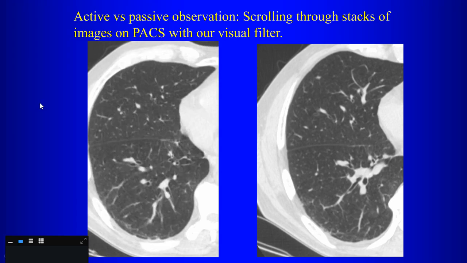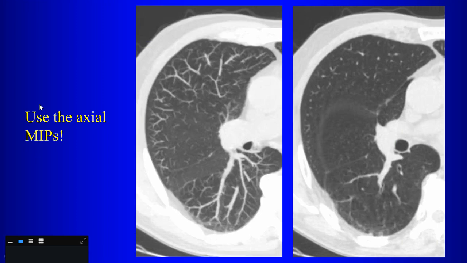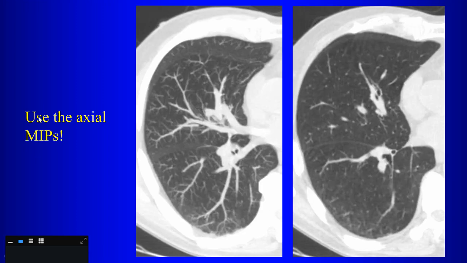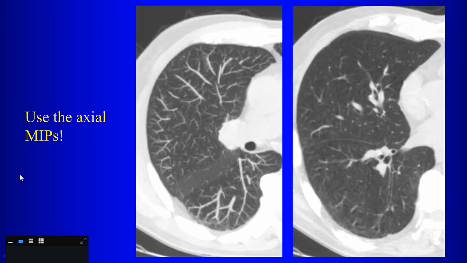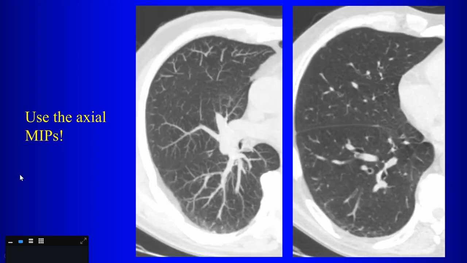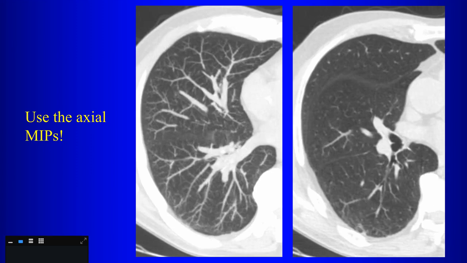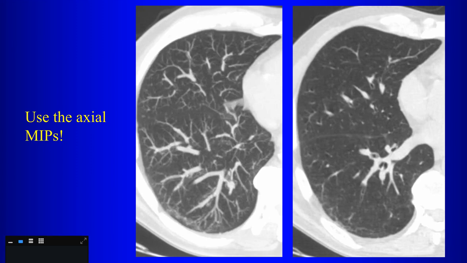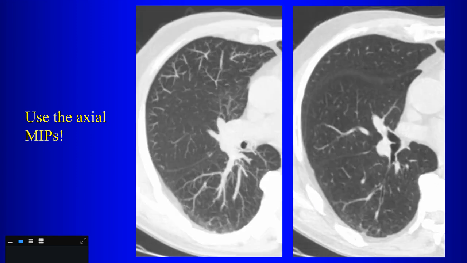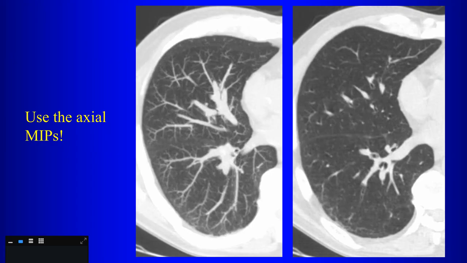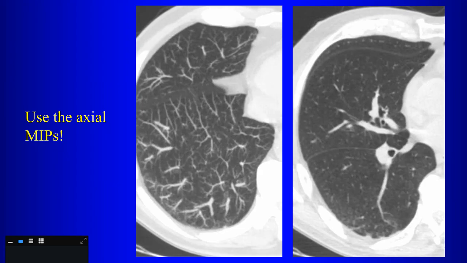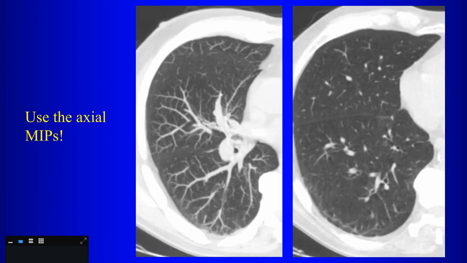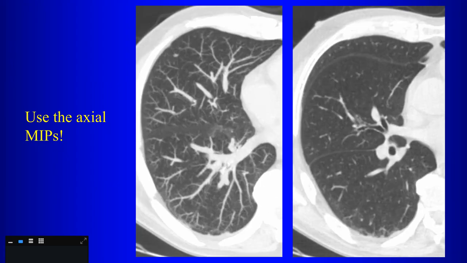And while we're on the subject of looking for small nodules on CT, I really, really encourage you to use your axial MIPs. So in cases where nodules are important, let's say you're reading it for metastatic disease, in most cases, a 3 millimeter or 4 millimeter nodule is not going to make a difference, such as trauma CT or CTs for other reasons. But if you're doing a CT on somebody to rule out metastases, then every single nodule can be important.